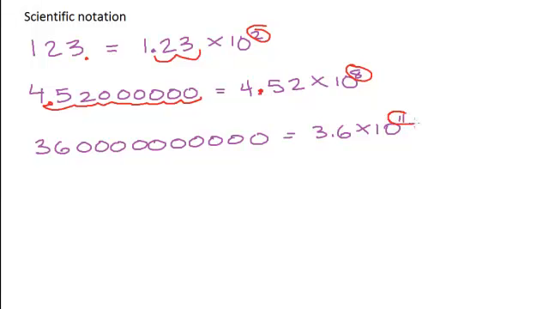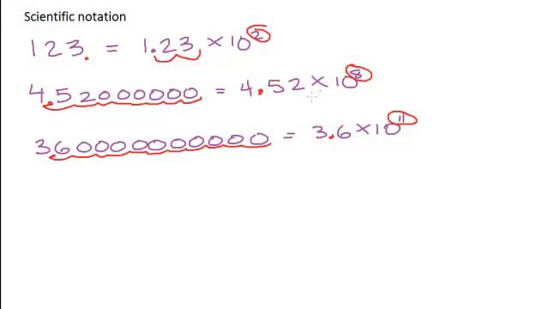In this number, there's a movement of 11 places to get it here right after the 3. So from here, I go 1, 2, 3, 4, 5, 6, 7, 8, 9, 10, 11. I counted that one right too. So we have that number in scientific notation.